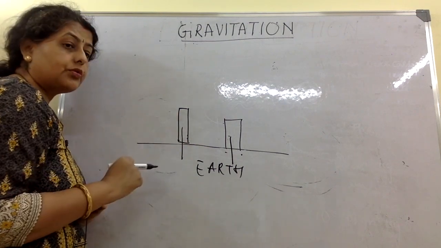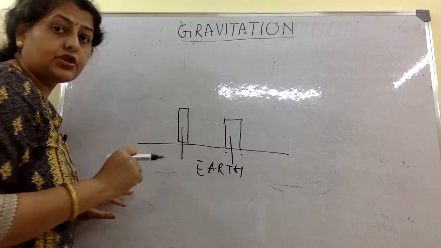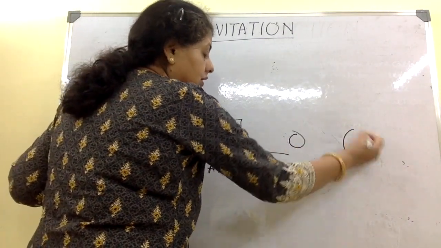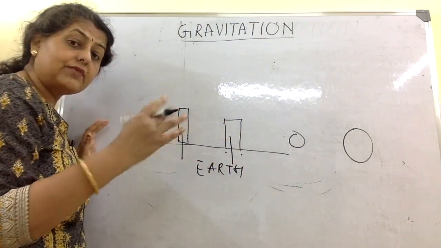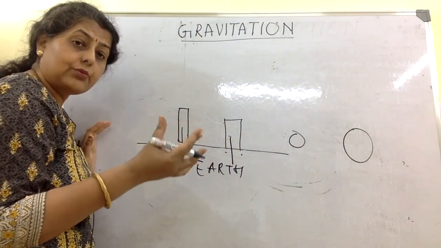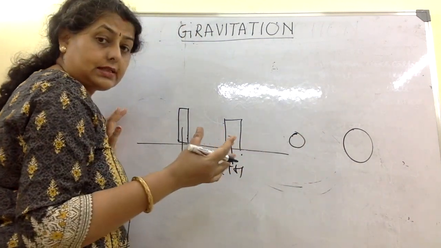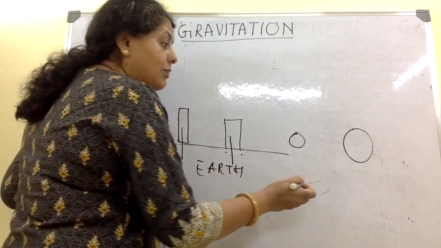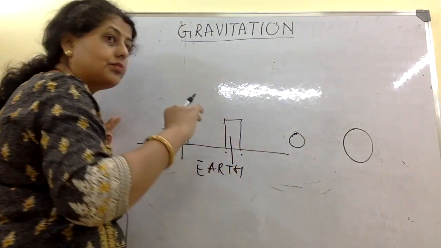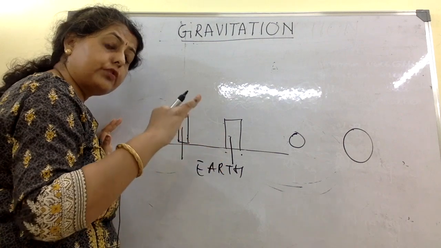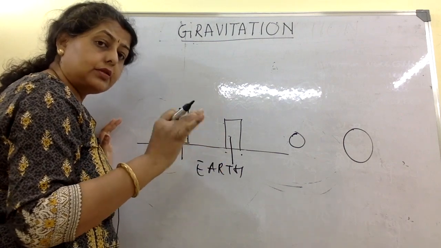Now if I talk about the moon's gravitational force, we have the moon here and the earth here, and there is something very interesting that happens between the earth and moon, you know that. It is the tides. About 70% of the earth is water and 30% is land.